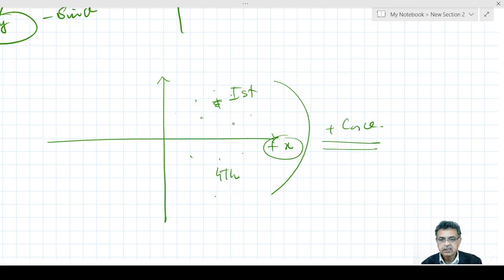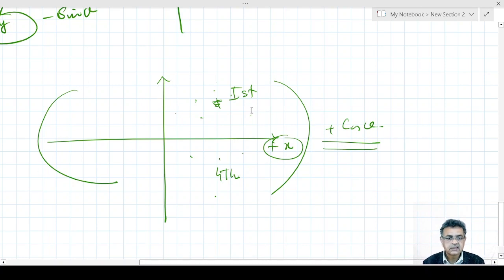And obviously when it is positive on the right hand side, then it must be negative throughout all this area on the left hand side of the y-axis.